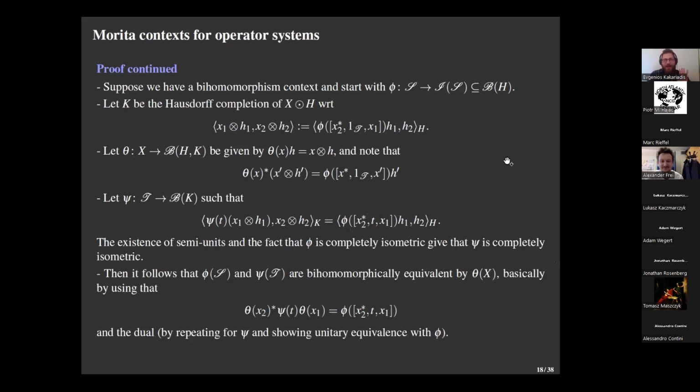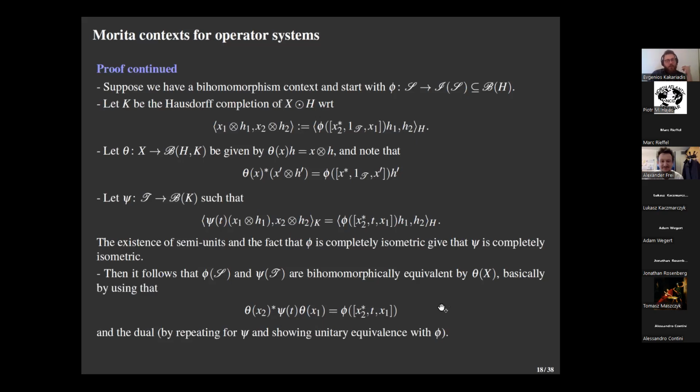But what happens is that theta of X is a non-degenerate operator space. And then if you write down your definitions, what you see is that theta psi2 star psi T theta psi1 is exactly phi of that, and that's the way you get the bihomorphism equivalence back.